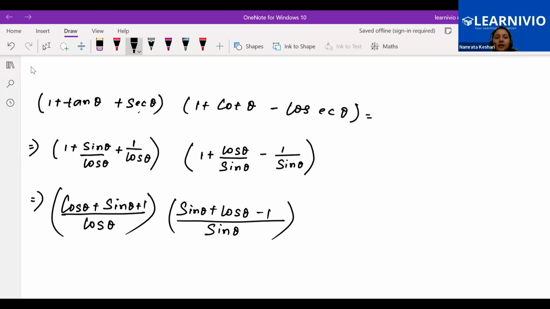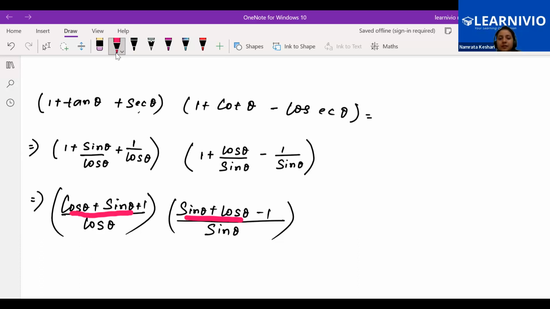Okay. Now, can you see that this one and this one are exactly the same? Cos theta plus sin theta, cos theta plus sin theta. It's the same thing. Yes or no? Are you able to notice the structure A plus B and A minus B over here?